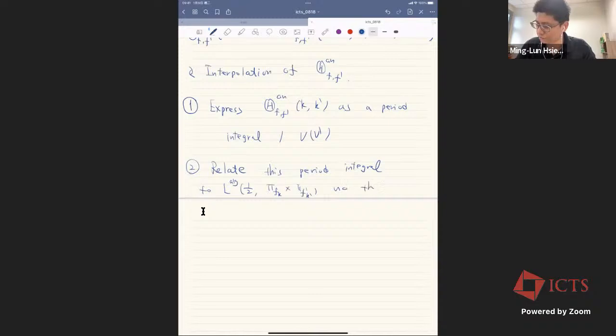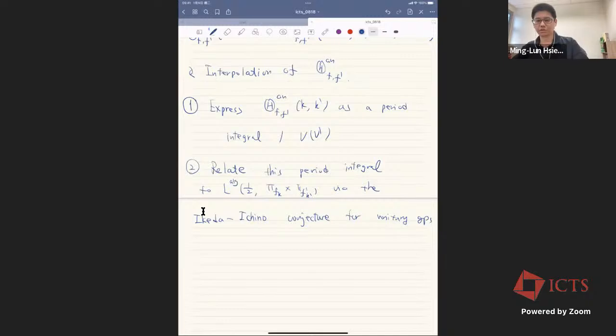Via the Ikeda-Ichino conjecture for unitary groups.